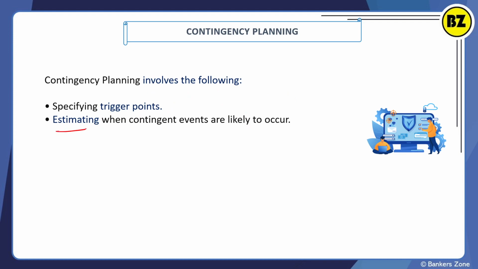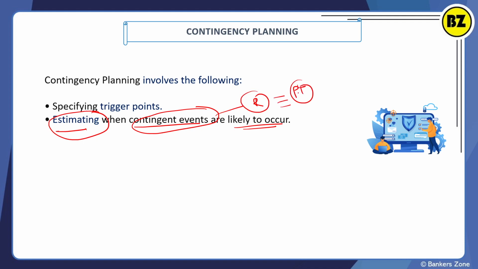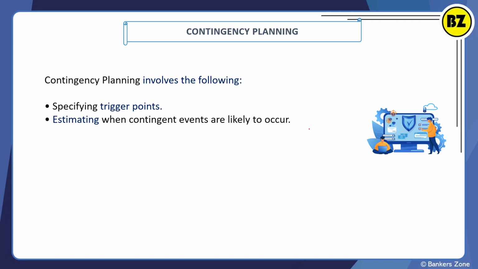Now, estimating the contingent events likely to occur. It is not that easy to estimate whether a contingency will occur or not, but we have to estimate. For example, in the rainy season, we can come to know based on the previous years' record of rain how much rainfall there is in the area and what precautions we have to take, right?